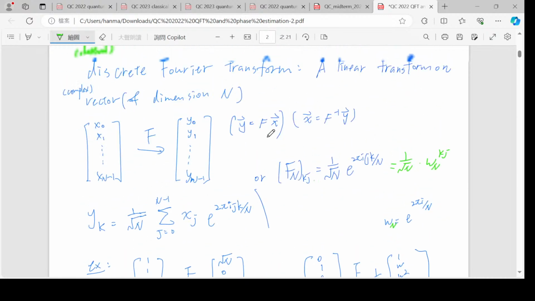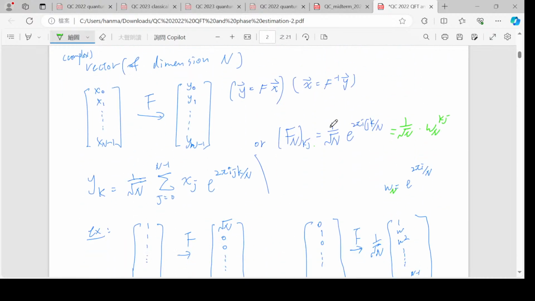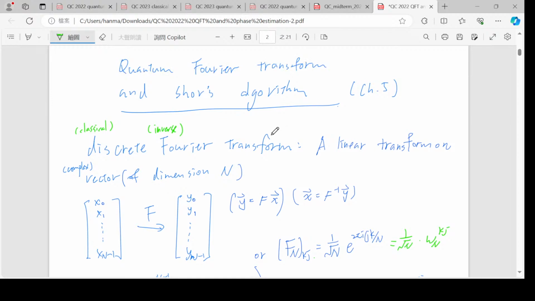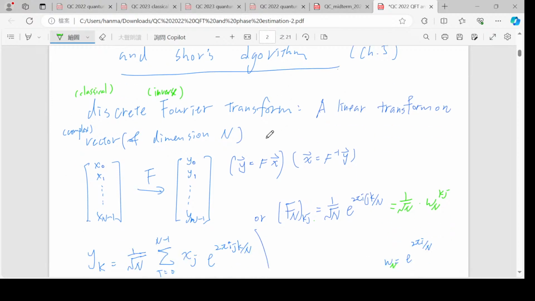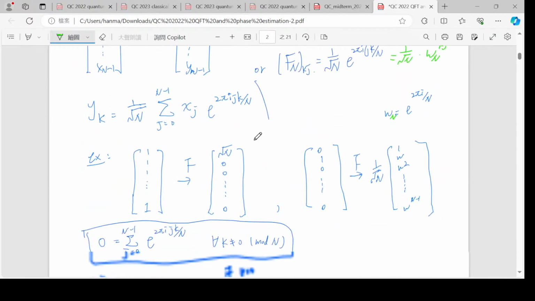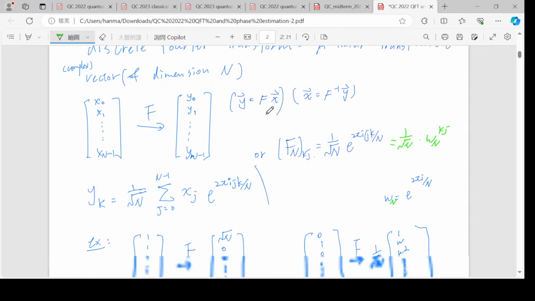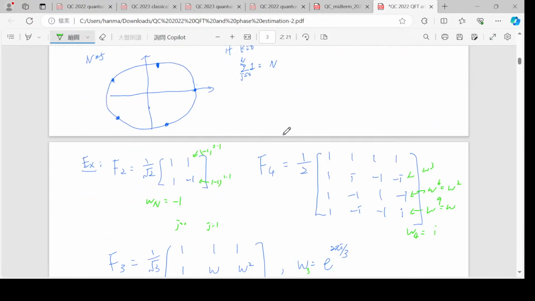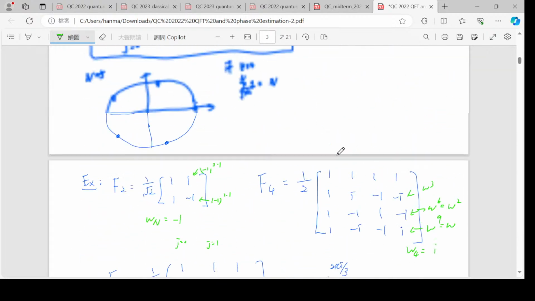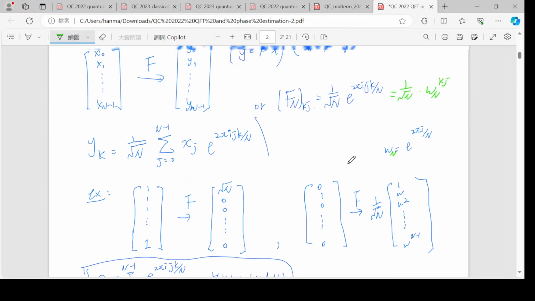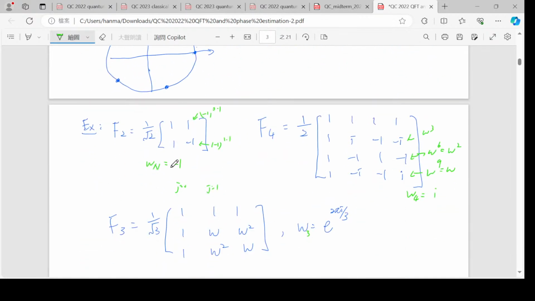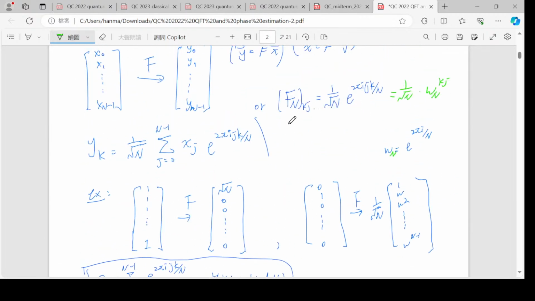But anyway, this is some matrix we can define, and in this class we call it Fourier transform. Okay, so this is how this transform is defined. So y equal to F of x. So y vector equal to this F matrix times x vector.